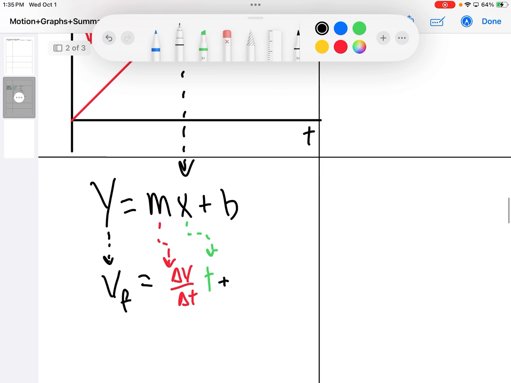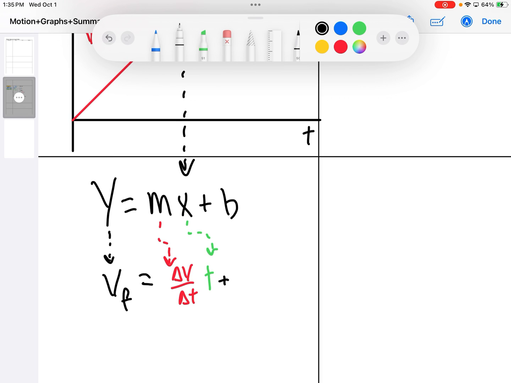We are speaking of the y-intercept of the velocity graph. What does it tell us? Initial velocity. Let's call that VI for initial velocity. That's our B value here. Yes, very good.